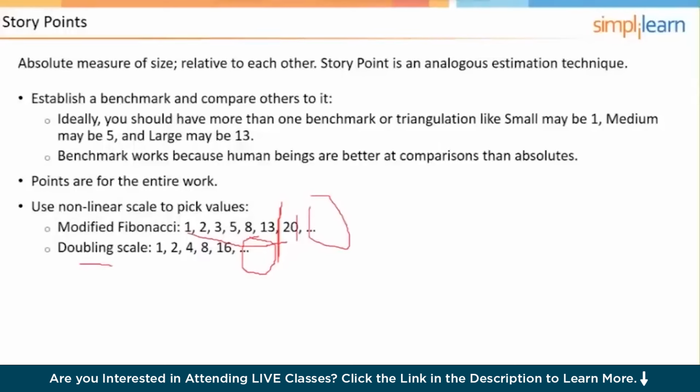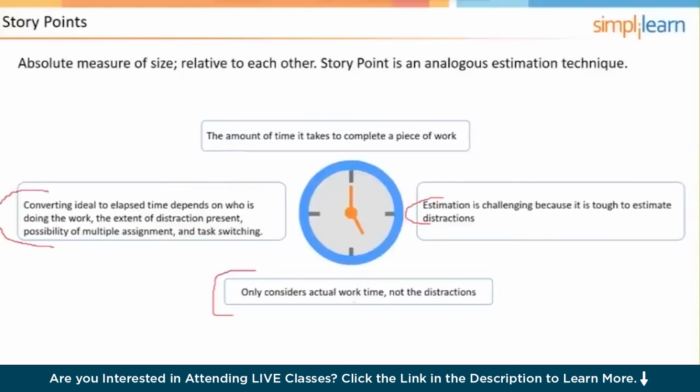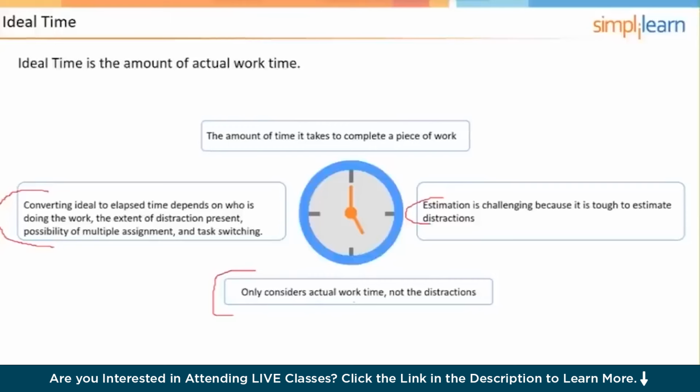Now, somebody just chatted here, should some buffer time be included in the actual estimates? Let me answer that question first by going back to ideal time, and then I'm going to come back to story points and answer the question. When we're estimating in ideal time, we don't add a special amount of time that we would call a buffer. We just allow for the distractions and the interruptions, which could look like a buffer, right?